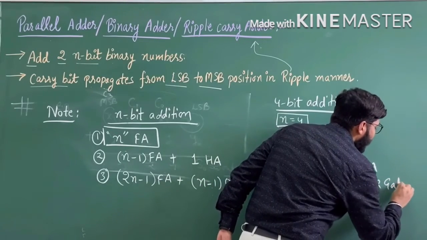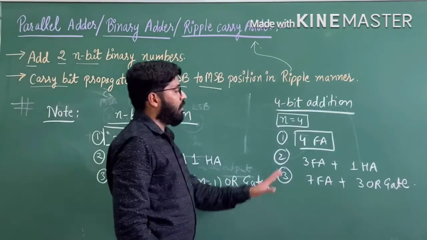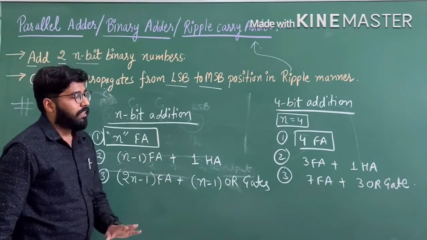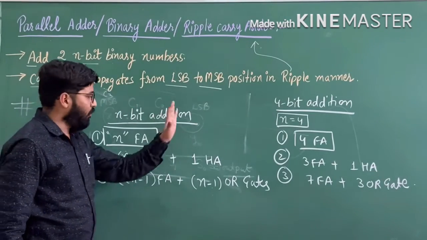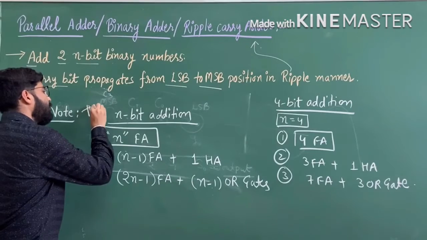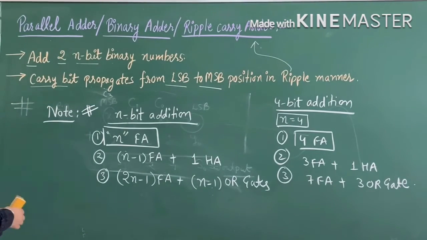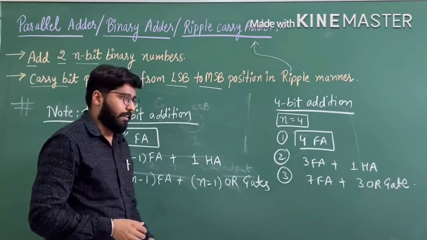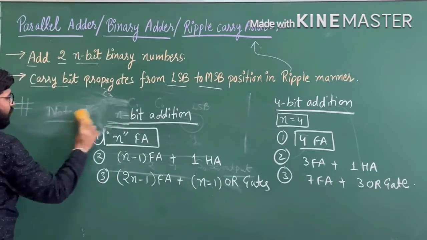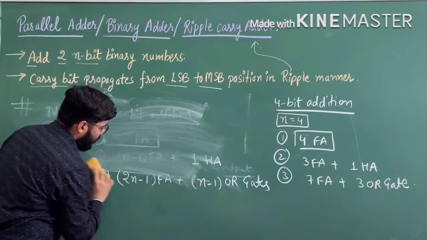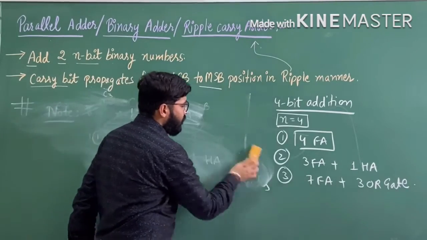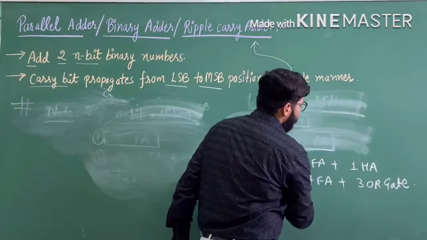So this way you have to calculate the number of half adders, full adders and OR gates. You have to remember this key point. Is it clear? Now we have to design a 4-bit parallel adder. Put a heading: 4-bit parallel adder.